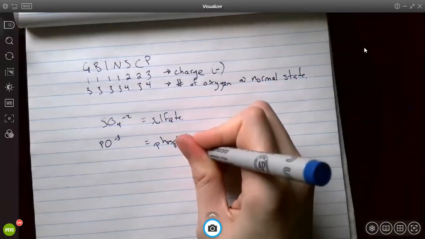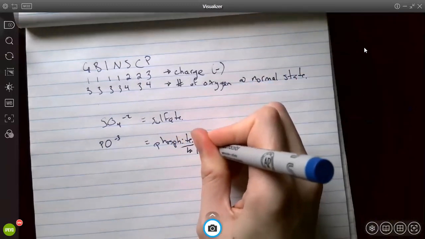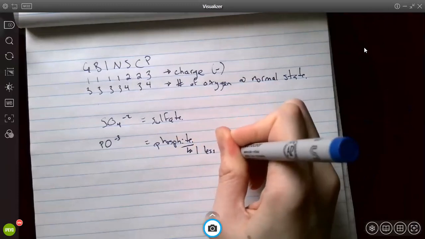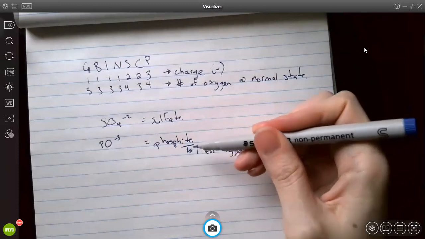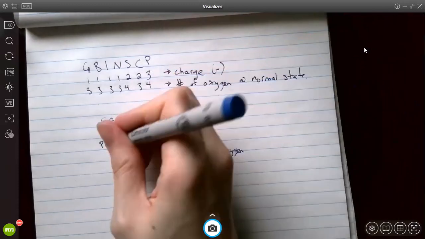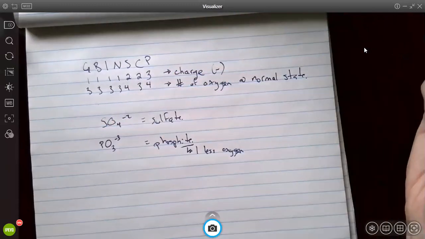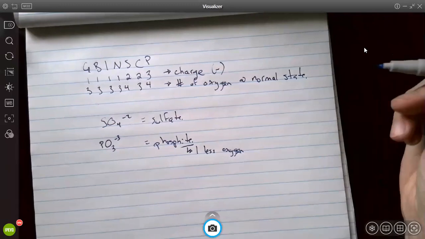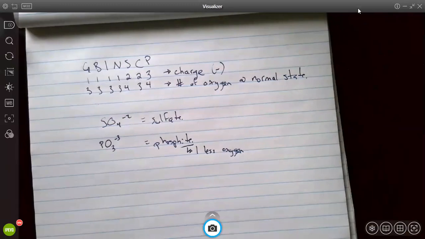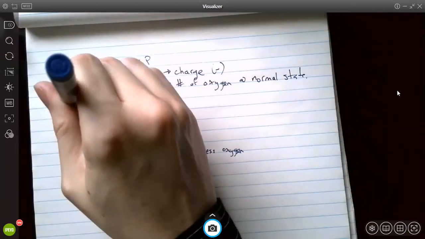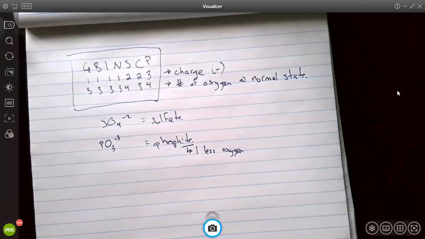And the ite ending means 1 less oxygen if the ite ending is all that's different. And so instead of having 4 oxygens, I will have 3. Okay, so that's the way I memorize it. You can do it however you want, but I just thought I would share that with you. Whenever I was writing a test or anything like that, I would always write this out at the top of my page.